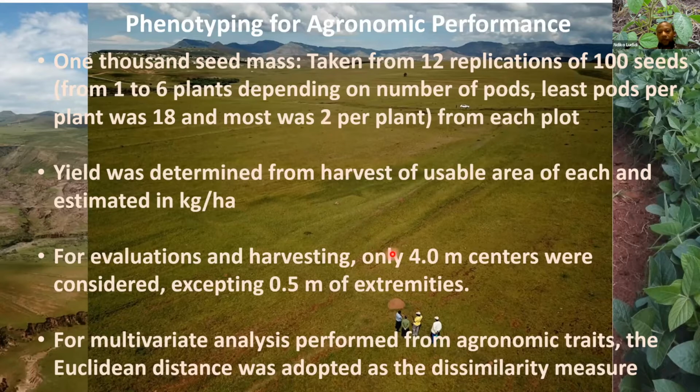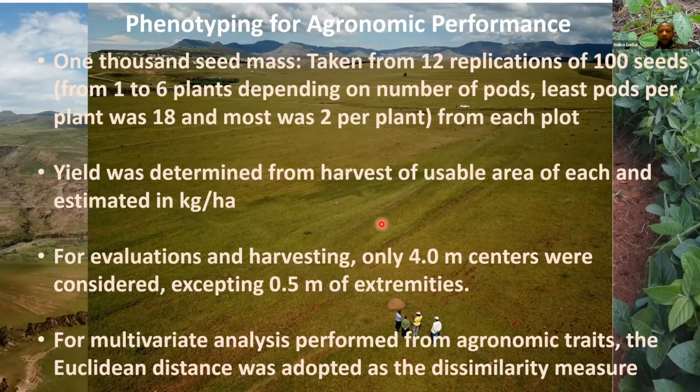In essence, we took plot sizes of 4 by 4 meters, and we excluded the rest of the plot, about 0.5 meters up to 1 meter at the extremes, so that we focus only on the central part, the 4 by 4 meter part of the plot, because the plants in the extremities tend to vary a lot. So we're looking for consistency here.